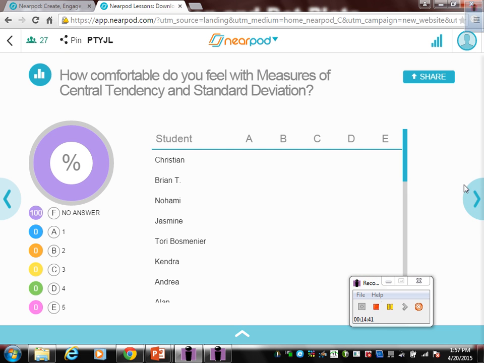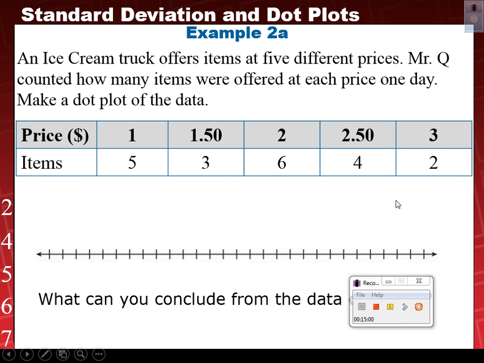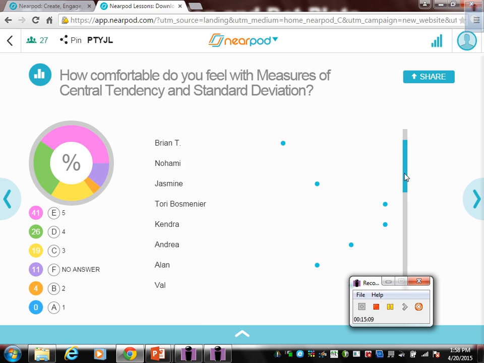So how comfortable are you with these? Pick one, 1 being the lowest, 5 being the highest, with measures of central tendency and standard deviation. You can choose more, but just give me one, please. Let's see where we're at.